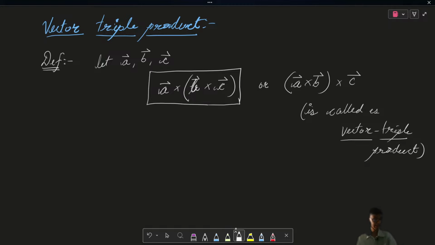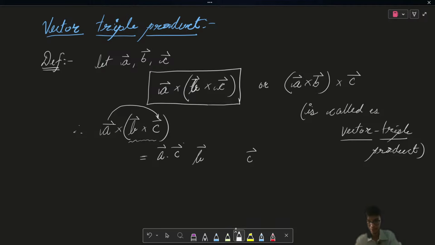So let's first understand how we calculate it and what's the theorem behind that. So if I do A cross (B cross C), let us say I put a bracket over here, then the result is very simple. The way to remember it is: you have A cross (B cross C) with a bracket over here. Wherever the bracket is put, that will come over here as B vector and C vector. And you take the farthest point and take a dot product with it. So (A dot C) over here, and then minus, you take the nearest point, and that is (A dot B).